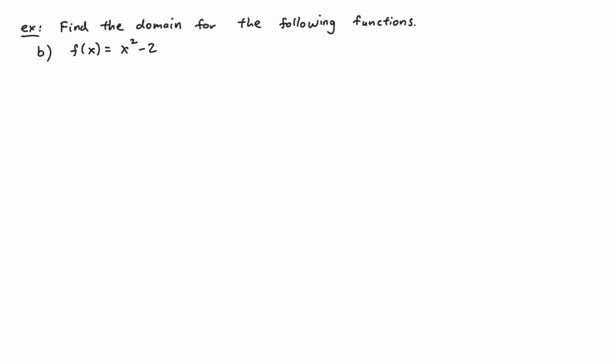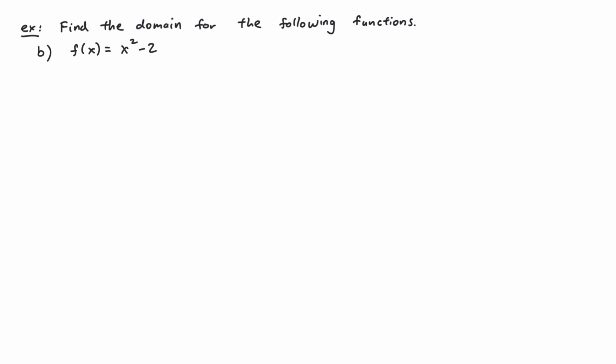In our example here, our function is f of x equals x squared minus 2. And again, we want to figure out the domain for this function, meaning we want to think about all the real numbers that we can plug into this function, perform all of the operations, and get a valid output. Well, let's think about what operations are being performed here. For any input x, the first thing we would do is x squared.